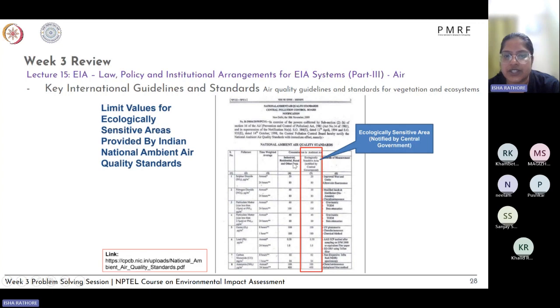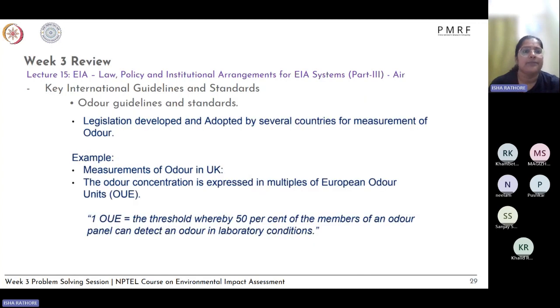In industrial, residential, and rural areas, sulfur dioxide concentration should be annually 50, I think it's microgram per meter cube only, whereas in ecologically sensitive areas it should be less than 20 microgram per meter cube. So similar values are available for the Indian context as well.